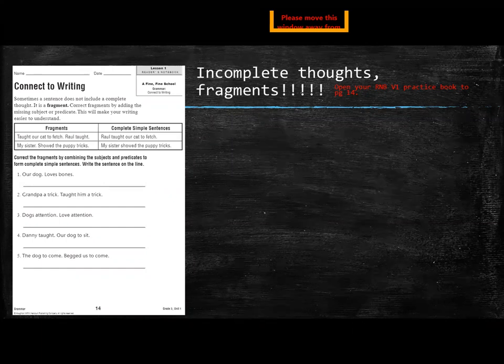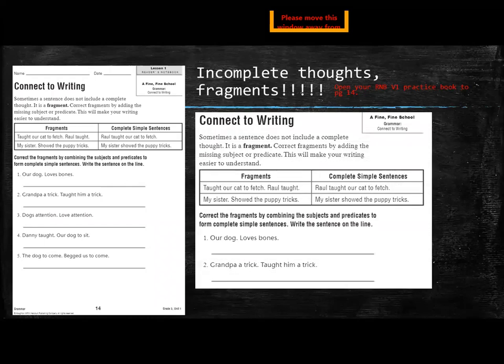So let me quote some examples here for you, okay? Here you can see, I've maximized this up for you, that this right here is a fragmented sentence, fragments of two sentences, thoughts that are going wild and incomplete. Let me read it out for you. Taught our cat to fetch, roll, taught.